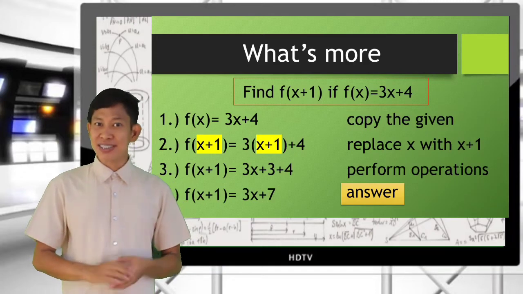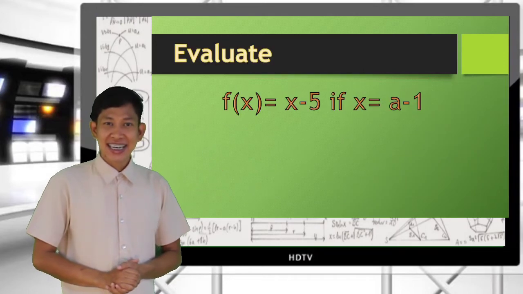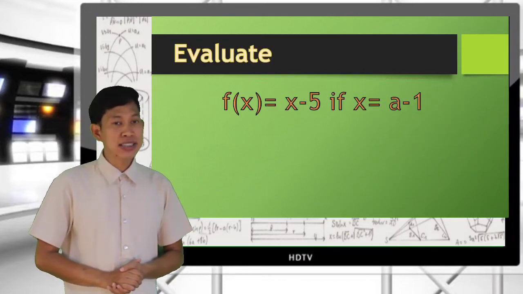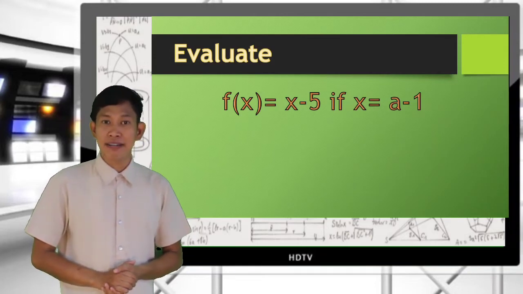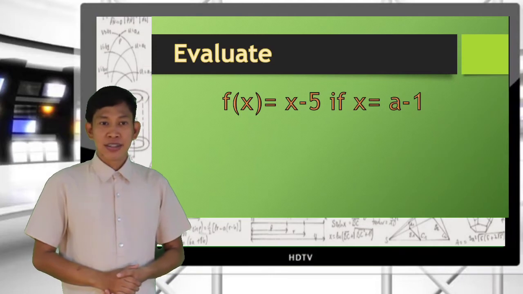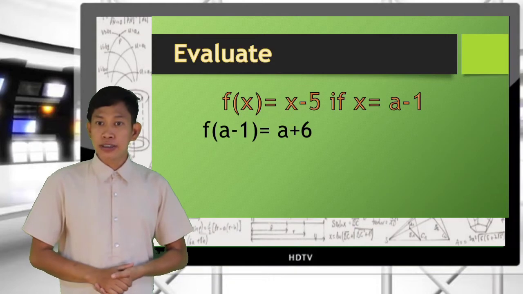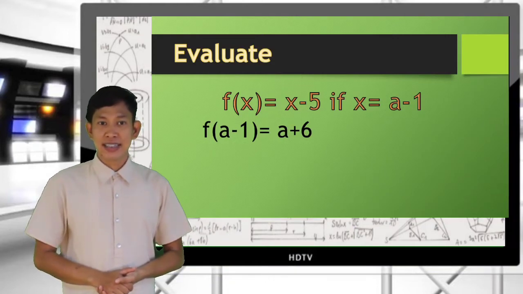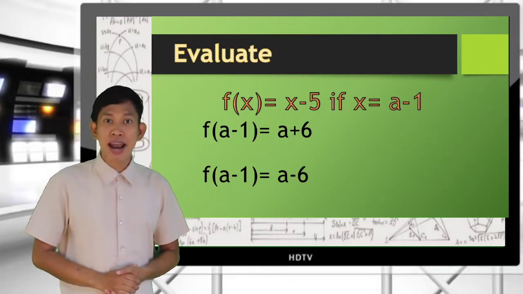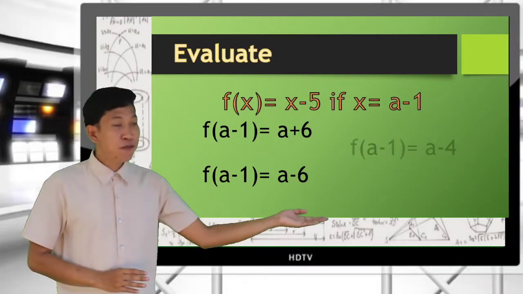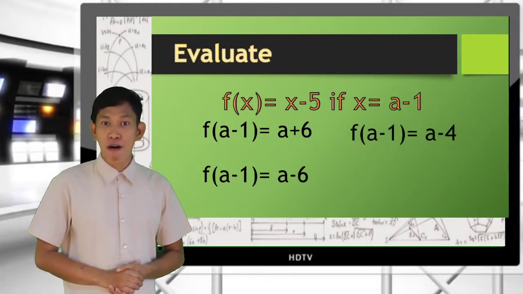Okay, this time it's your turn. Evaluate f of x is equal to x minus 5 if x is equal to a minus 1. Choices: f of a minus 1 is equal to a plus 6. f of a minus 1 is equal to a minus 6. f of a minus 1 is equal to a minus 4.